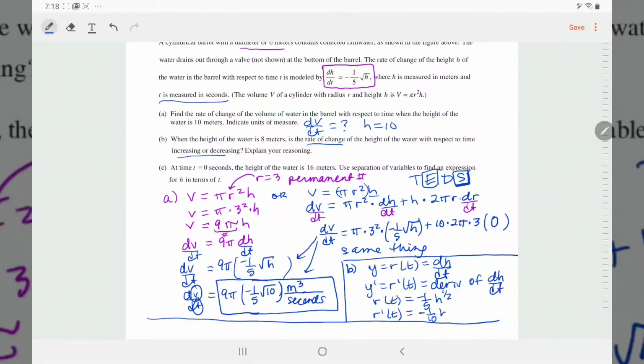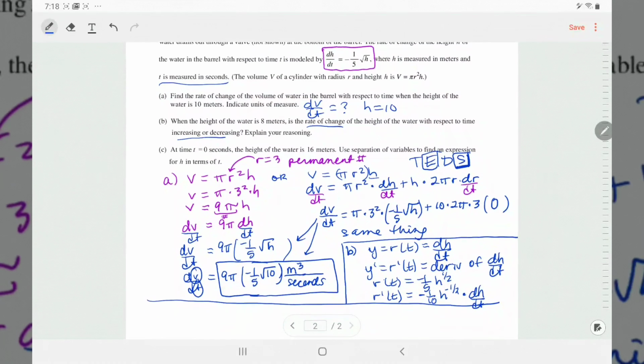So the rate's derivative is negative 1/10 times 1 over the square root of 10, because height was, oh no, sorry, height wasn't 10 anymore. Height was 8. And then dh/dt is negative 1/5 square root of height, which is 8. That cancels, and you get positive 1/50, which is greater than 0. So the rate is increasing. I need the second derivative since it's positive.